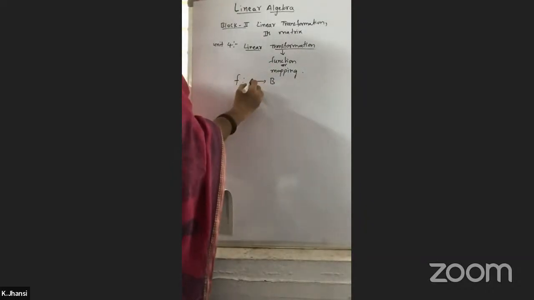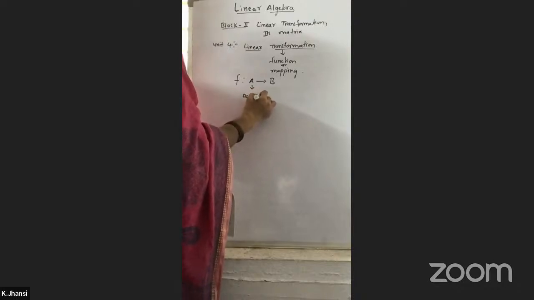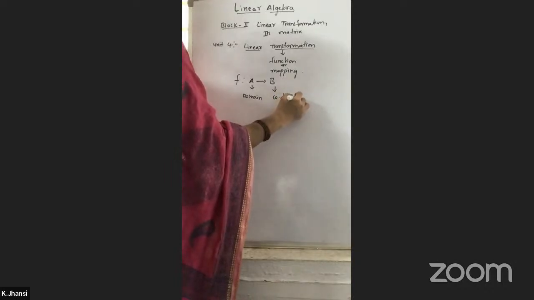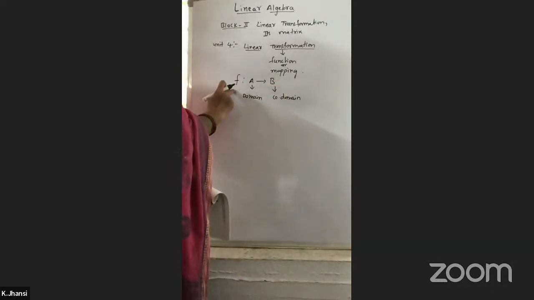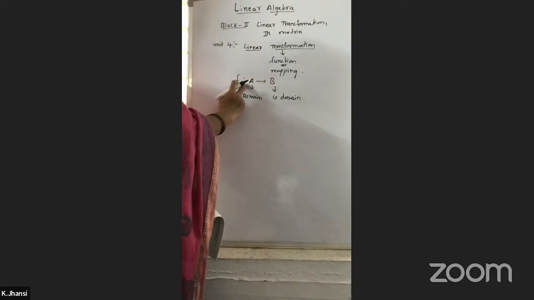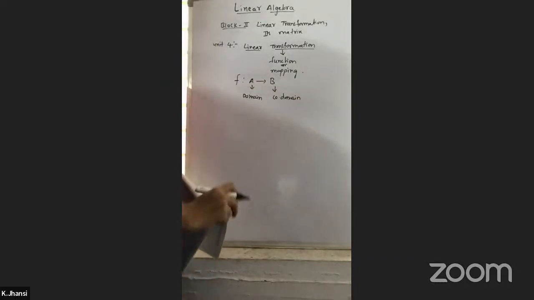Okay. So this is the domain and this is the codomain. So the function is mapping from A to B, in which the set A is called the domain set and set B is called the codomain.